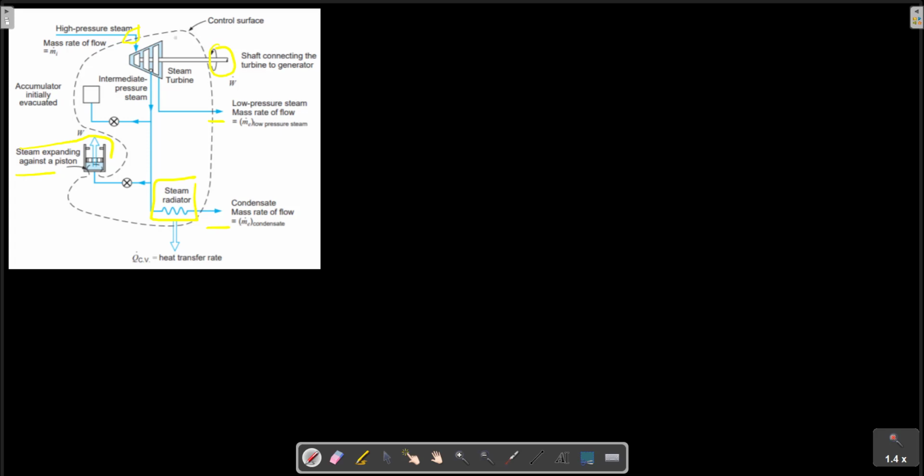Let's consider the conservation of mass.